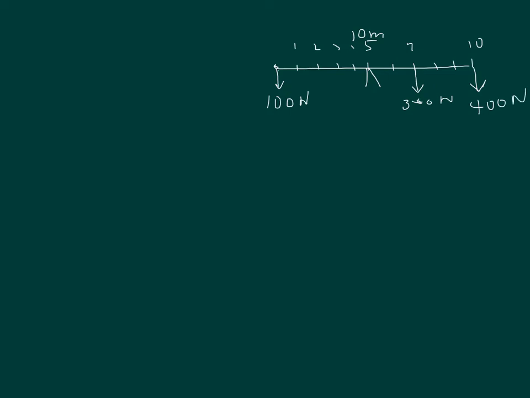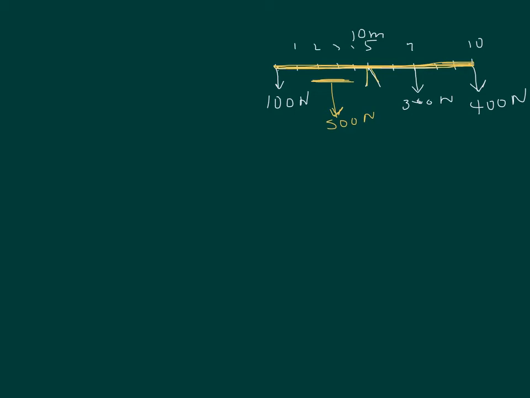And then let's ask the question, where would we have to place a weight on this side of 500 newtons in order to exactly balance this out and be at equilibrium? The assumption is that the bar here has no weight at all and does not contribute to it.